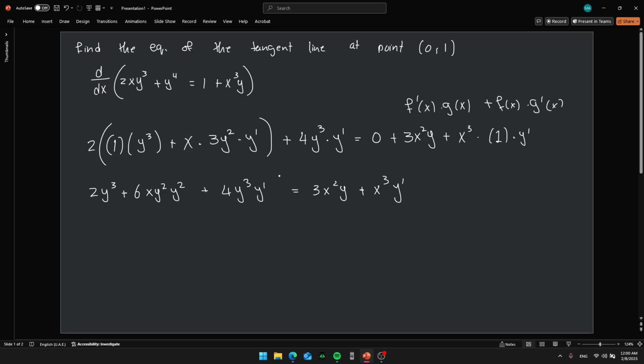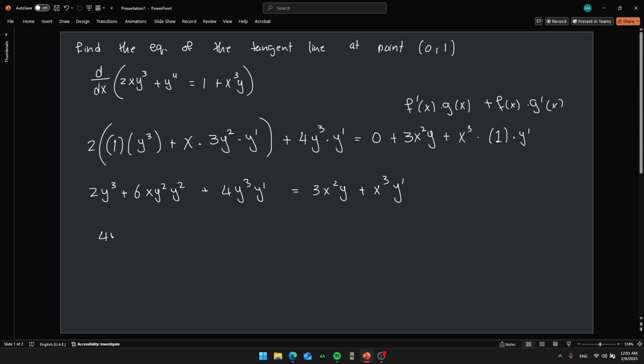Now let's put the y primes on one side, and the ones that don't have a y prime, let's move to the other side. So these guys don't have a y prime, so let's move them to the right. And this guy has a y prime, so let's move it to the left.